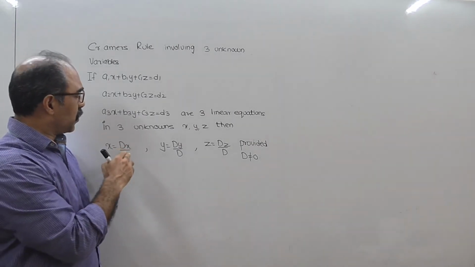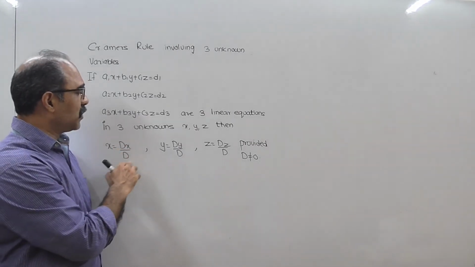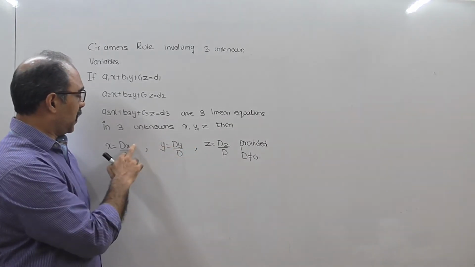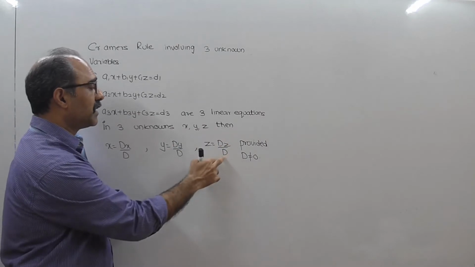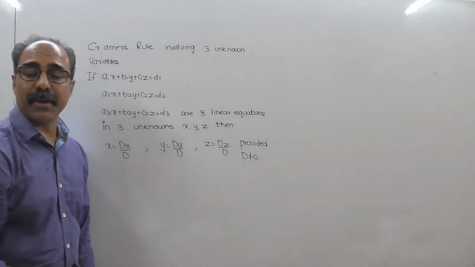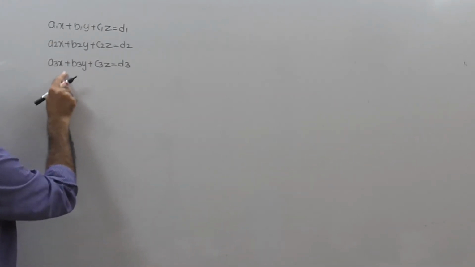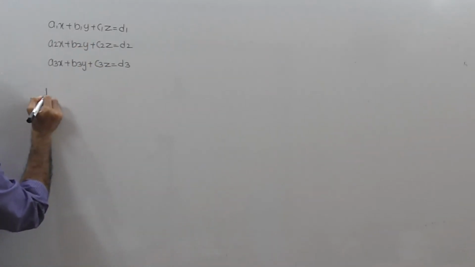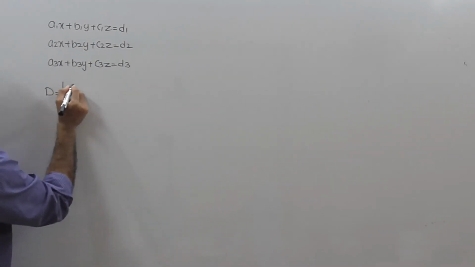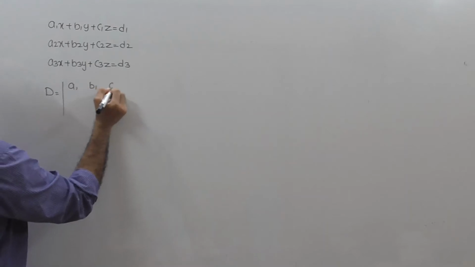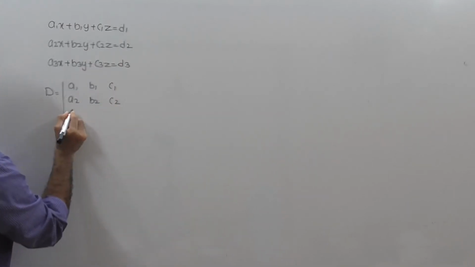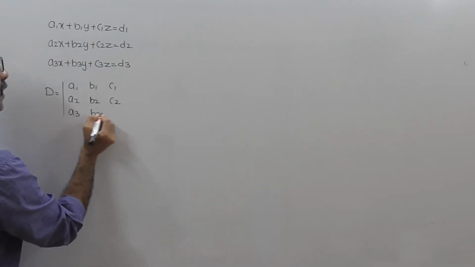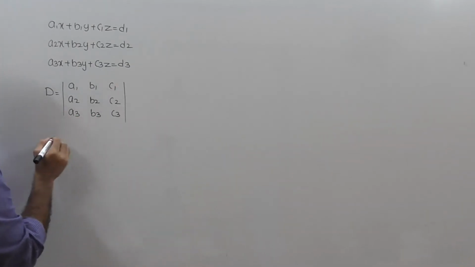So if you use Cramer's rule, you can find the values of x, y and z by using the formula x equal to dx upon d, y equal to dy upon d and z equal to dz upon d. If these are the three equations given with variables x, y and z, your d will be equal to a1, b1, c1, a2, b2, c2 followed by a3, b3 and c3.